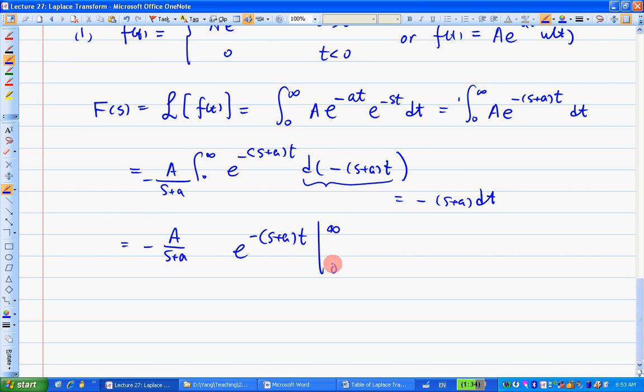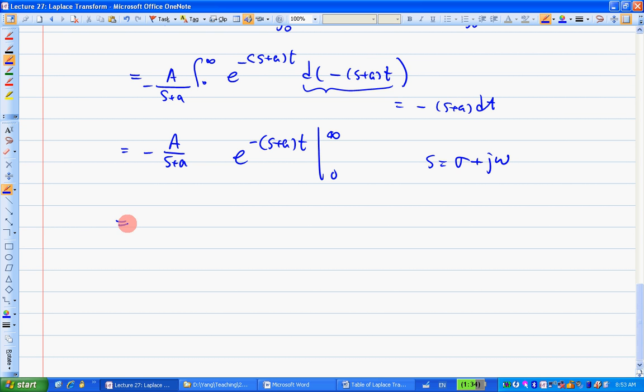Now I'm going to plug in the t into this exponential here. However, if you remember, I said s is a complex number, so let's put s equal to sigma plus j omega. I want to show you this once and for all.